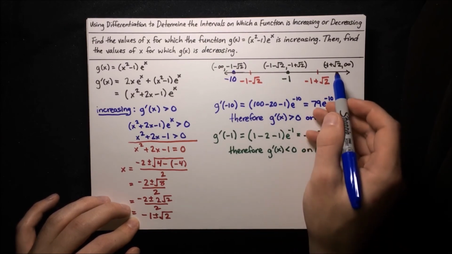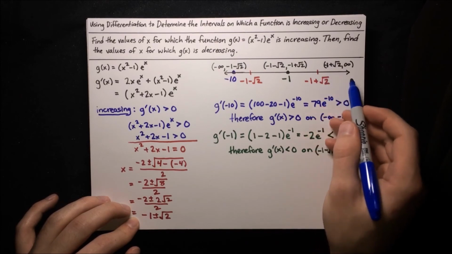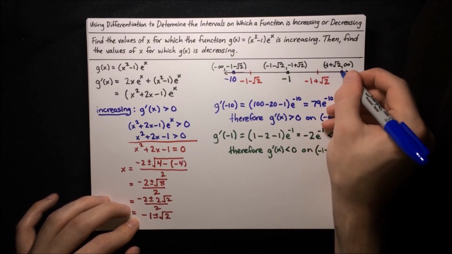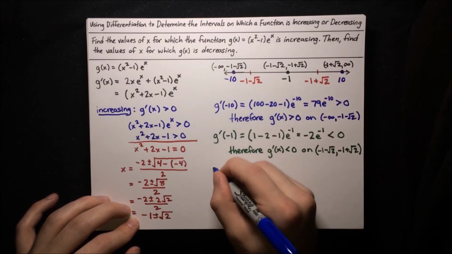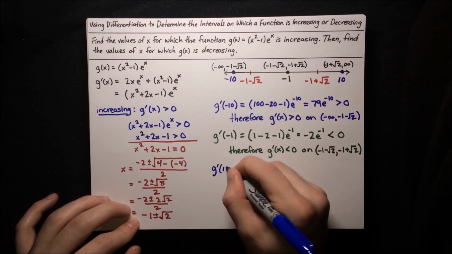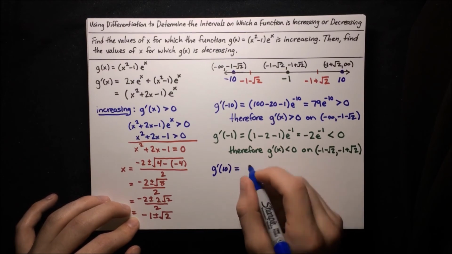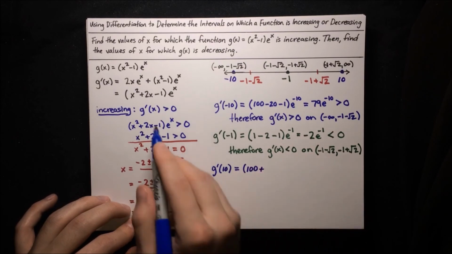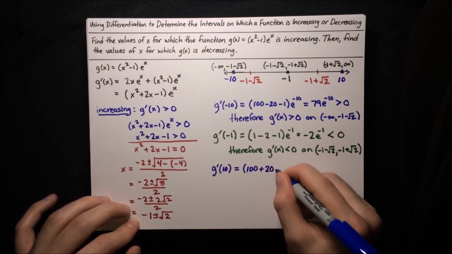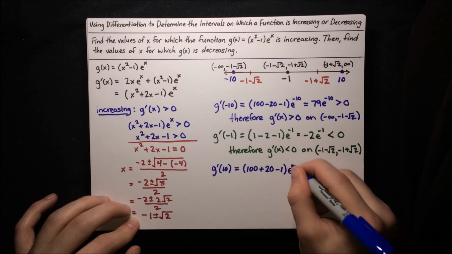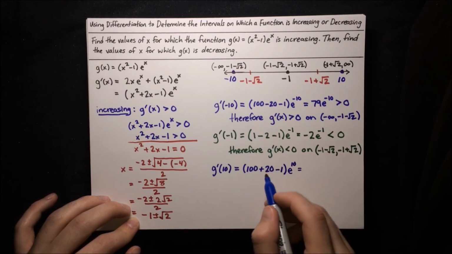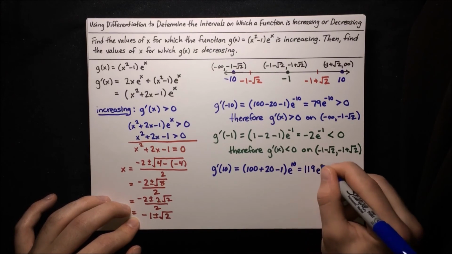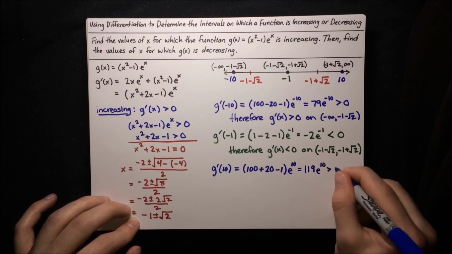Alright, last interval over here. What's a test point on the right side of negative 1 plus root 2? How about positive 10? We compute g prime of 10: 10 squared, 100, plus 2 times 10, 20, minus 1, times e to the 10. 100 plus 20 is 120, minus 1 is 119, times e to the 10, which is clearly greater than 0.